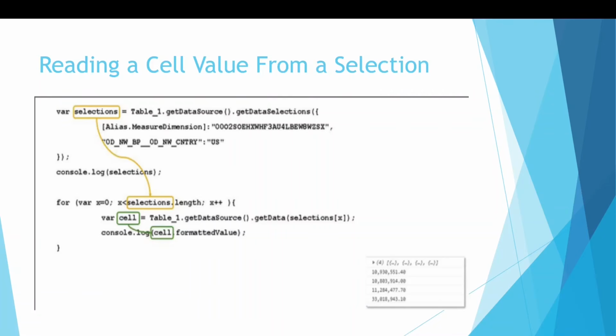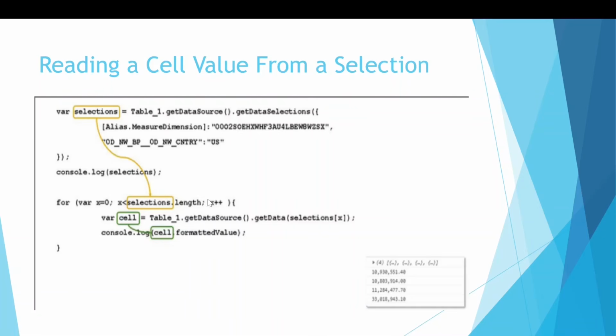All the results which we get from the selection move into an array, the same as we handle arrays in our programming. We use the selection, and x is our index identifier. So we start the for loop.